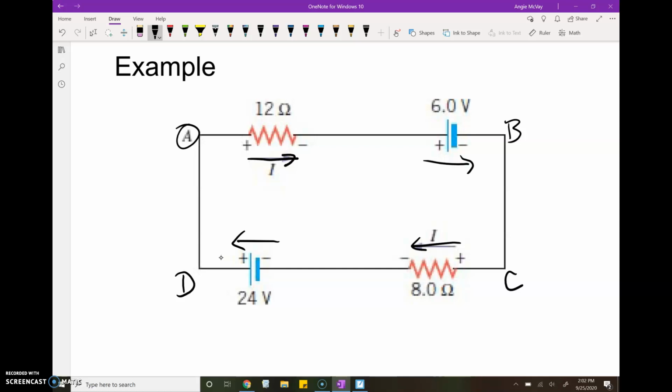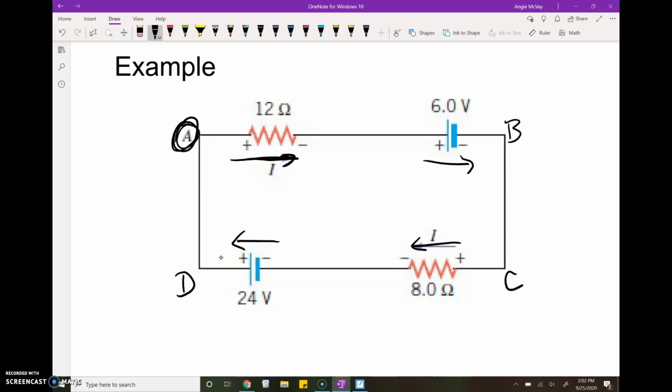This is where it gets confusing. We're going to start right here at corner A, and we're going to follow the current through the loop that we are predicting. Fun fact about this rule, we just need to predict a direction of current flow and use our conventions, pretending like current is flowing in that direction.